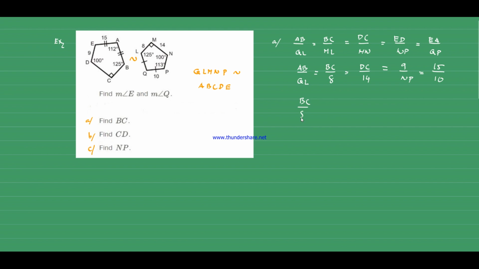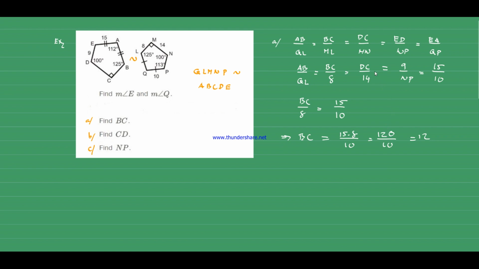So we see that we can grab this one and this one right here to find BC. So BC over 8 equal to 15 over 10. So from here we can find BC easily. So 15 times 8 over 10, 120 over 10. So BC will be 12 units. Okay.